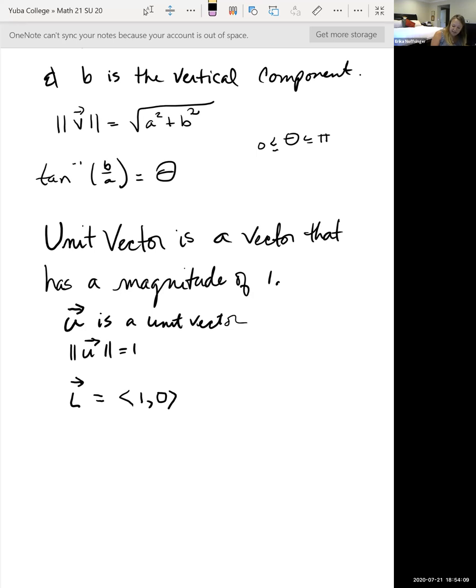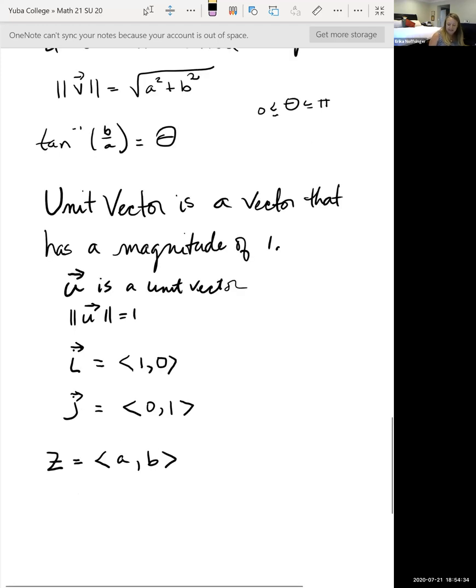j, this is usually written as a unit vector. The horizontal component is 0 and the vertical component is 1. If you have a vector z, which is at (a, b), so standard position, z could be rewritten in terms of i and j.